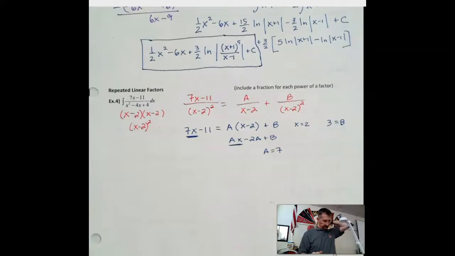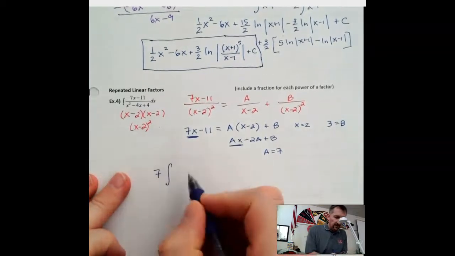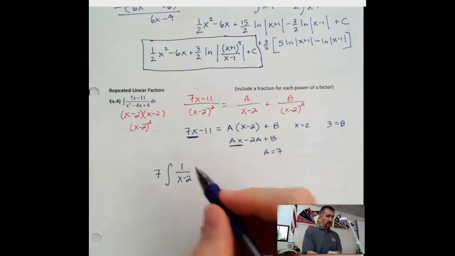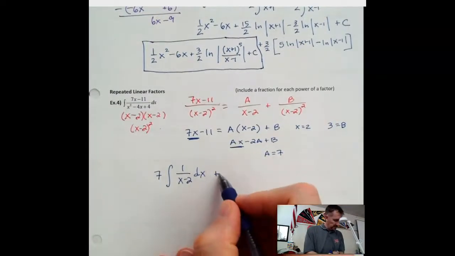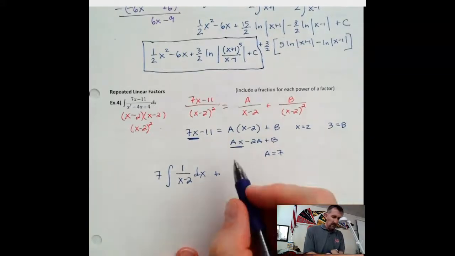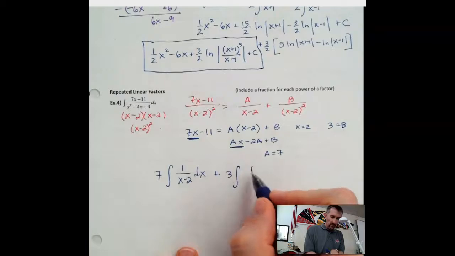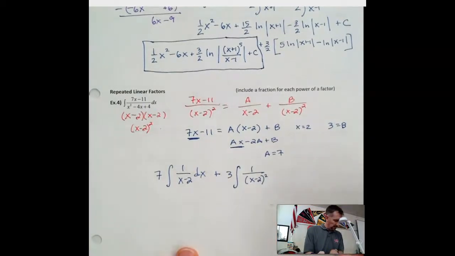So A is 7, so I can factor that out, 7, and then I'm going to have 1 over x minus 2. And then B was 3, so I'm going to put 3 and then 1 over x minus 2 squared.